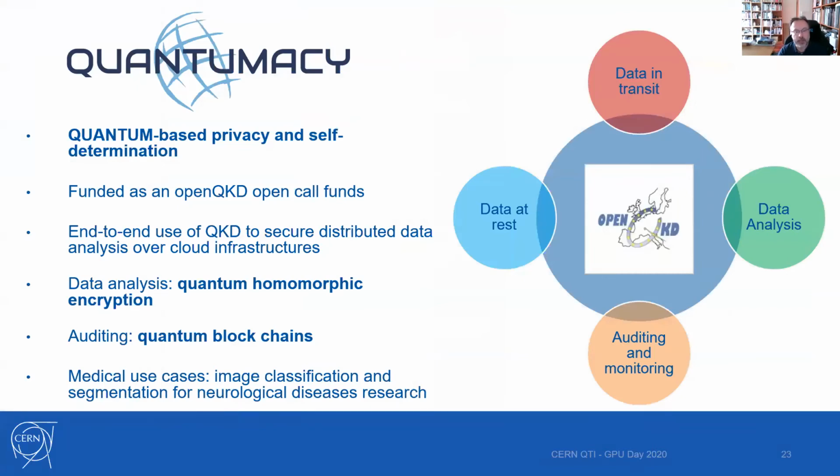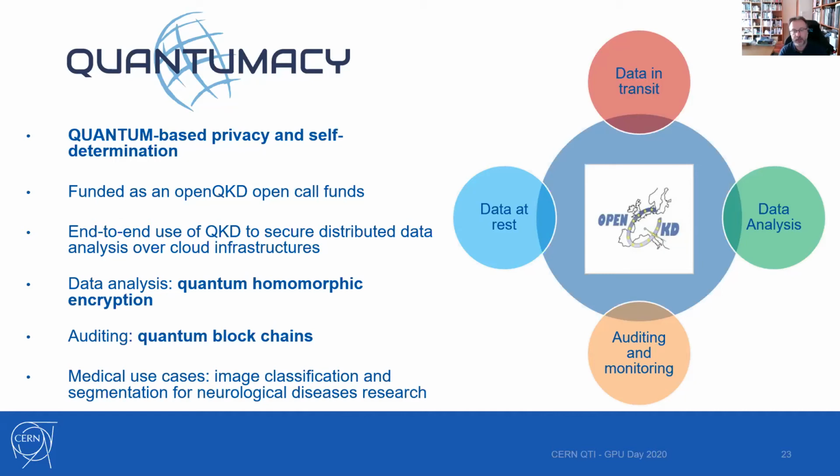And I mentioned our interest in working also on less physics related, more life science or security related activities. So we are discussing with initiatives in Europe, specifically with the OpenQKD project.